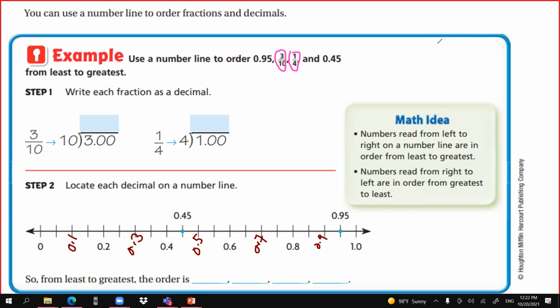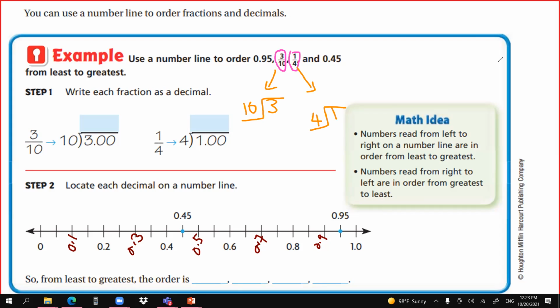But now I need to see where is 3 over 10 and where is 1 over 4. To locate them on the number line, I need to rewrite them as decimal numbers. Here we have 3 over 10. I want to write it as a decimal. And 1 over 4, I want to write it as a decimal.